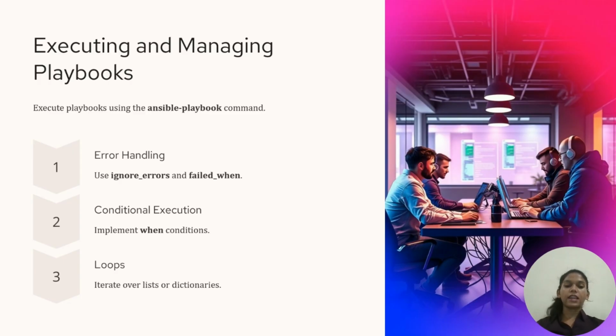You can specify an inventory file to tell Ansible exactly which machines to target. And here's a pro tip: before running a playbook, always check for syntax errors and try check mode to do a dry run. This way, you can see what changes will happen without actually applying them. Trust me, it's a lifesaver when working on production servers.